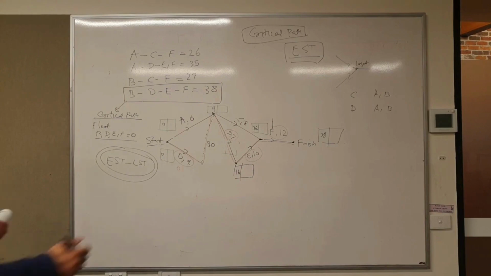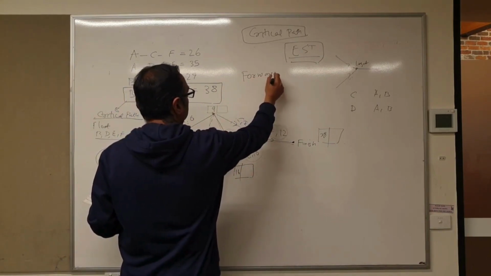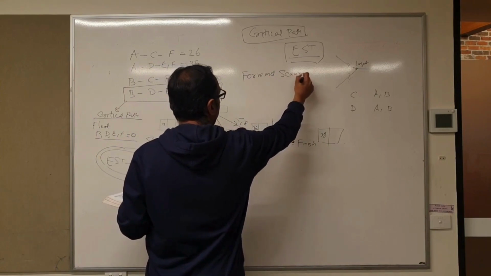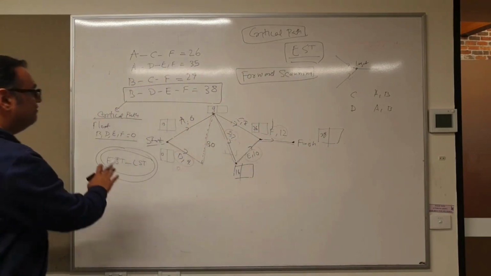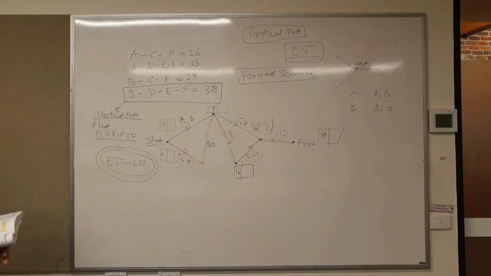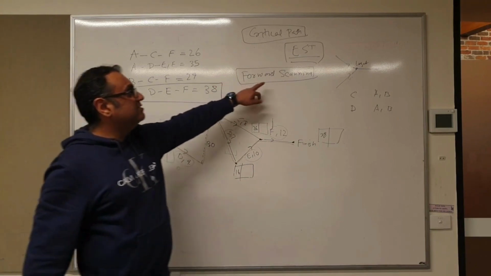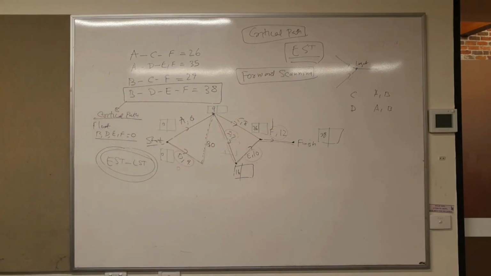This is called forward scanning. We scanned from left to right. And forward scanning gives us the EST of every activity. All good?